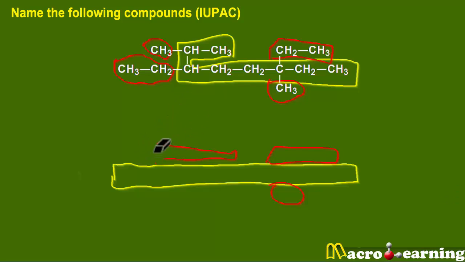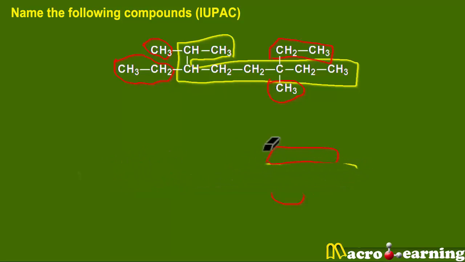And wipe things out real quick. Just a second. Okay, so we got the substituents and the main chain, which is an octane. So what about the numbering for the substituents?